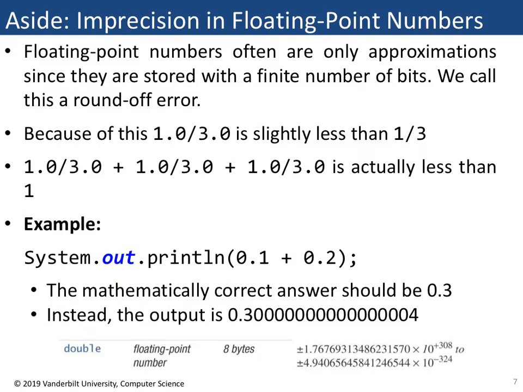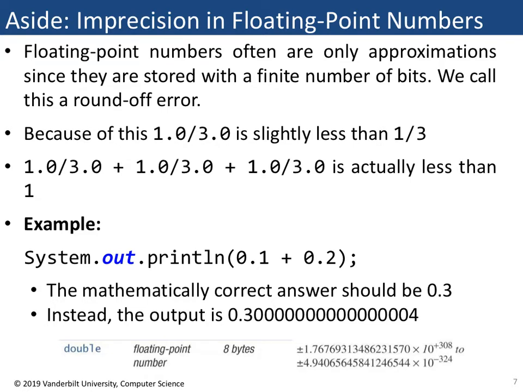Sometimes when you're dealing with floating point numbers, you'll notice that the result from doing various operations to floating point numbers is not precisely correct. A good example of this would be in the situation where you divide 1.0, which is a double, by the double 3.0.